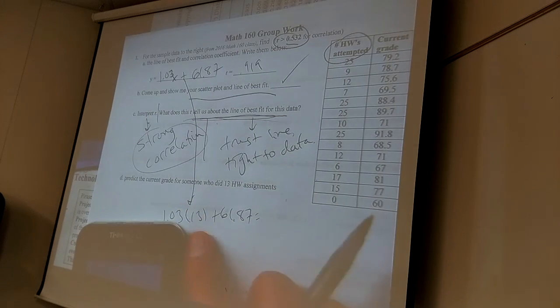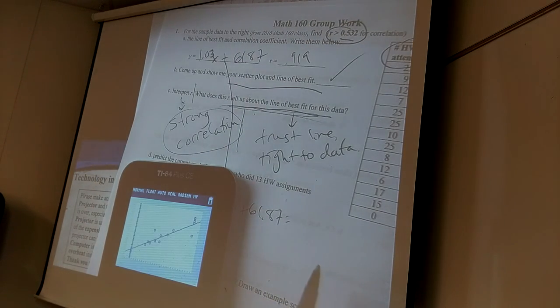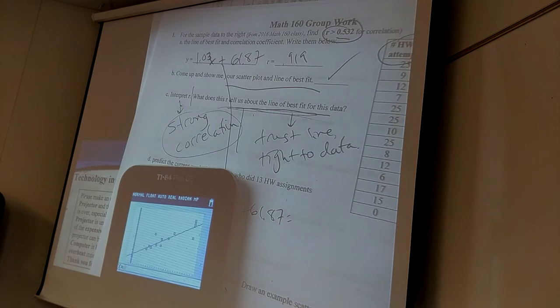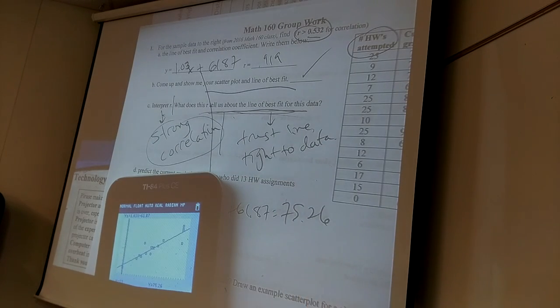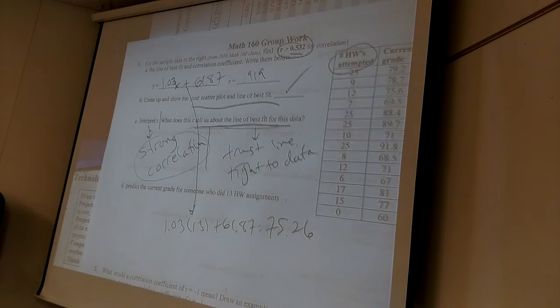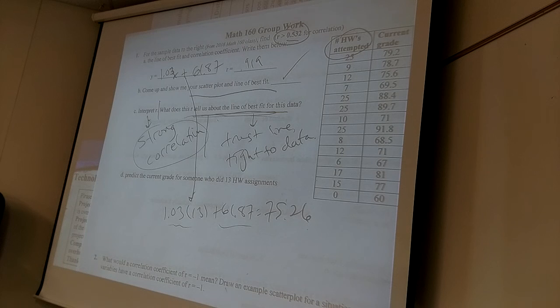And then I can calculate this, or some of you were asking me how did you do this? If you hit second, calc, value, you could just put a value in for X. So I get 75.26. Some of you got close to that. You might have rounded more or less than I did. Everybody okay so far?